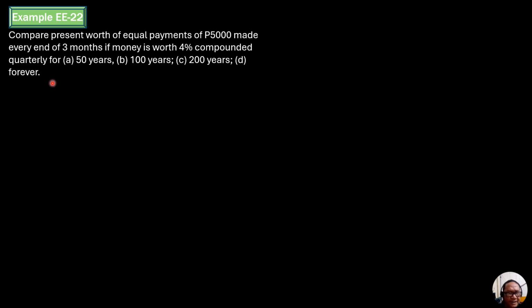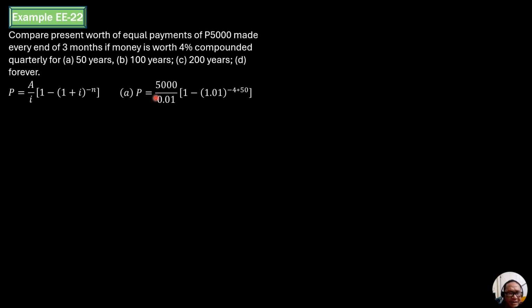The formula for present worth of ordinary annuity is A over I, quantity 1 minus 1 plus I to the negative n. You can remember that. For the first case, I is 0.04 divided by 4, so 0.01. Mode of payments is every 3 months, quarterly also. So substitute: A is 5,000 and n is 4 times 50, so that would be 200.